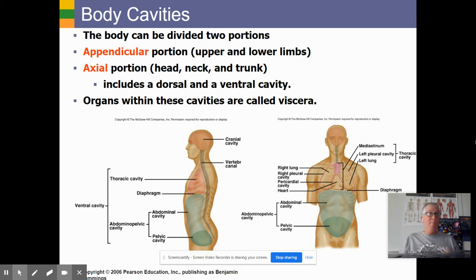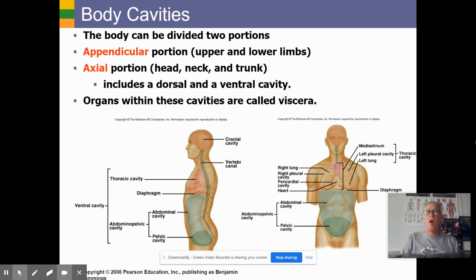Appendicular means all of the stuff that is attached, so your arms and legs, your upper and lower limbs. Your axial, your axis, is your head, neck, and trunk.